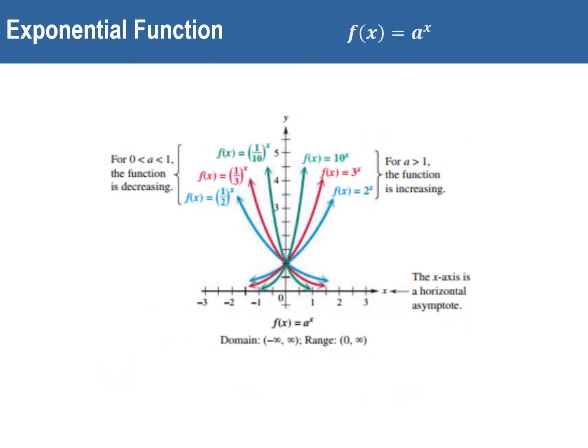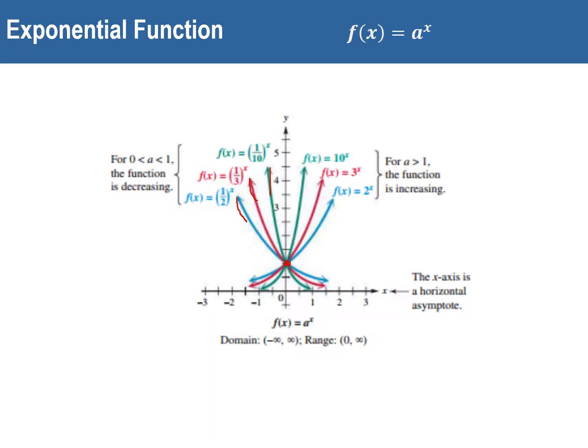Now it's always interesting to look at a number of these. Suppose I have a to the x. These on the left side are all when a is between 0 and 1: 1/2 to the x, 1/3 to the x, 1/10 to the x. You see they all have a very similar shape.